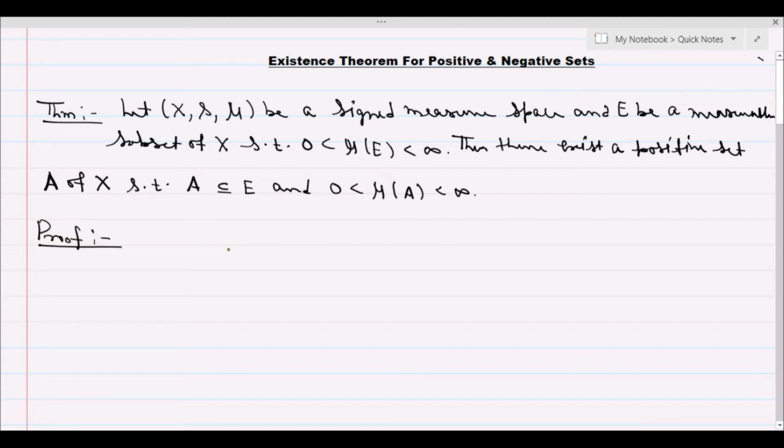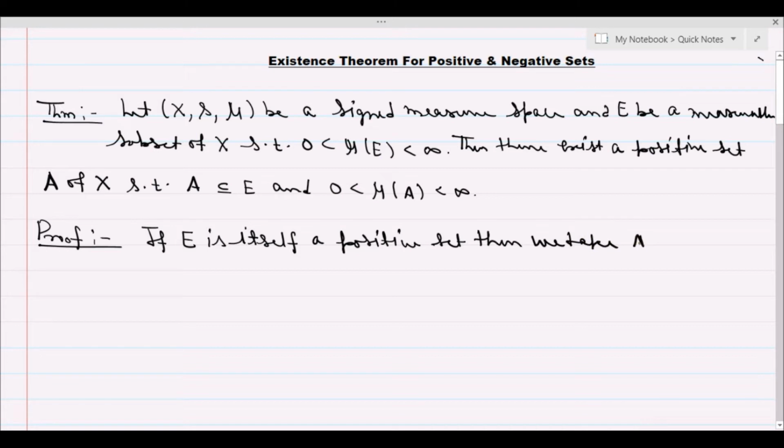Proof. If E is itself a positive set, then we take A equal to E, and hence the theorem follows.